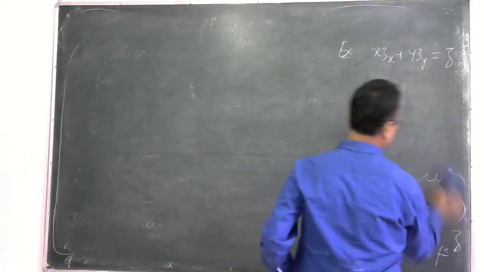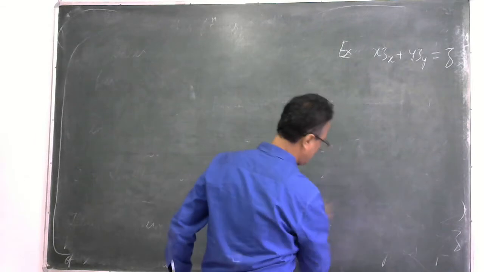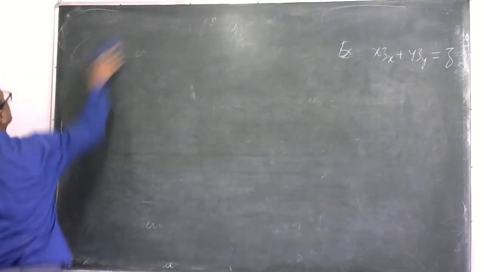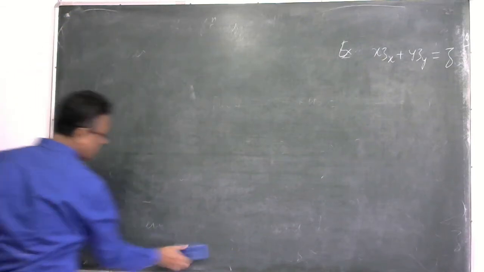Simply find u1 and u2 in such a way that they are functionally independent, right?